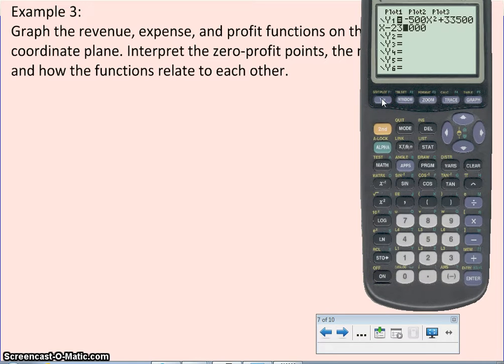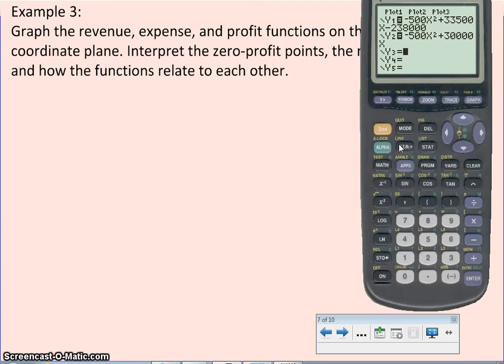And we're going to go into our equation. We're going to actually enter all three equations. So the one is already there. I'm going to go ahead and leave that there. The next one I have is the revenue, negative 500 x squared. So you can be entering this at the same time I am, plus the 30,000 and then x.